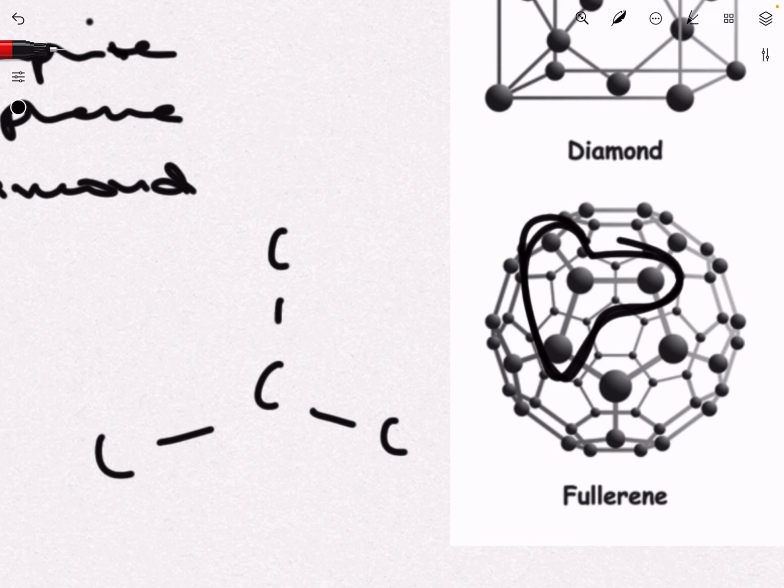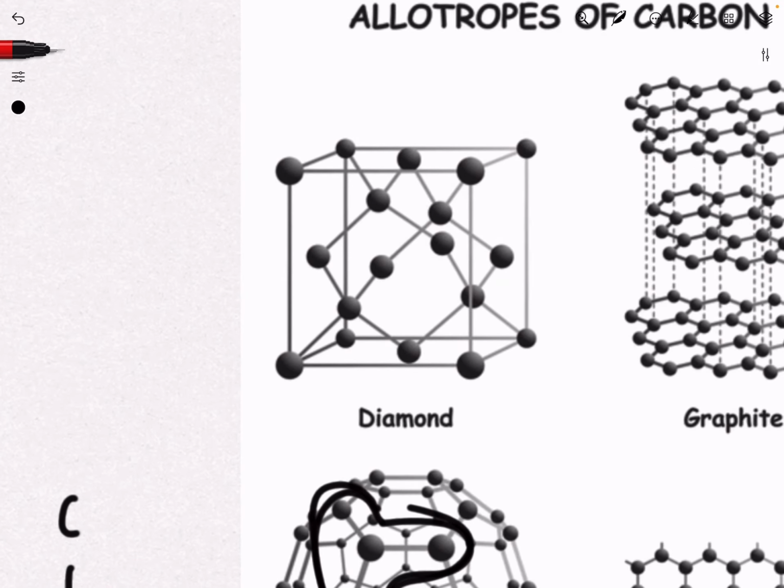Next up, we have diamond, which is yet another giant covalent structure. Each carbon here creates 4 covalent bonds with other carbons, meaning there are no free valence electrons. This means that this cannot conduct electricity, and the fact that it has 4 bonds, all in opposite directions, means that this is also a very hard substance.